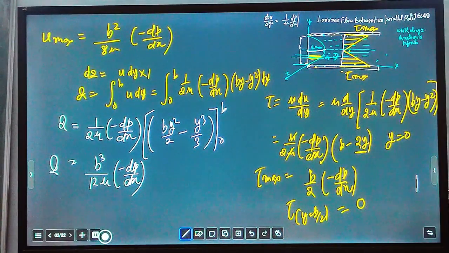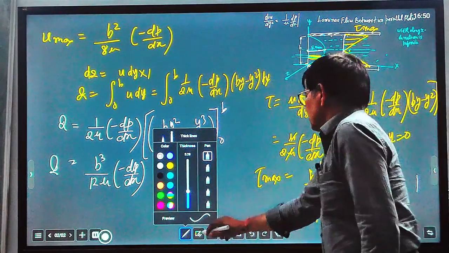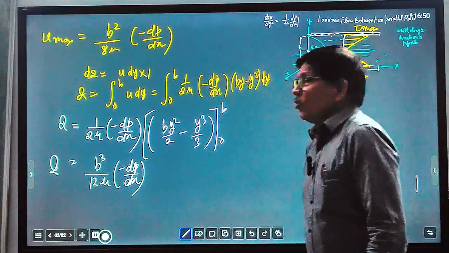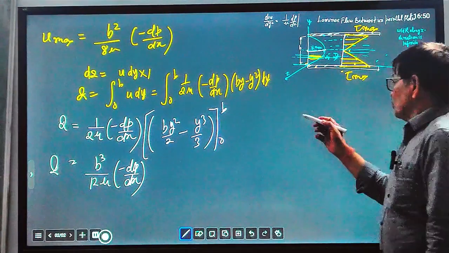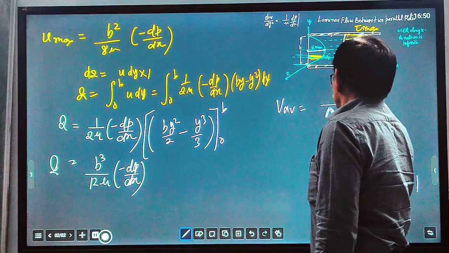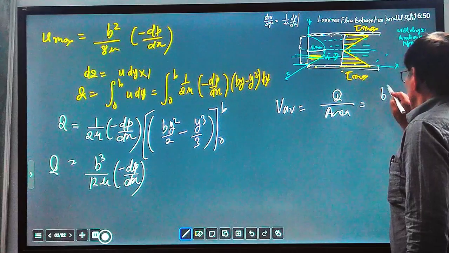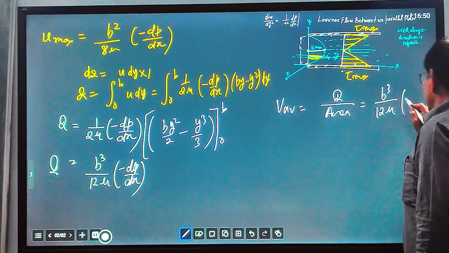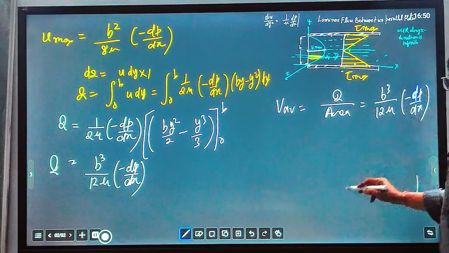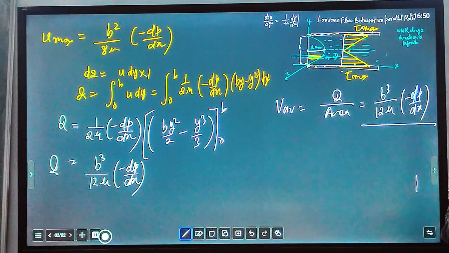Here we have to find the average velocity. Please keep this in mind carefully, how we are taking different parameters. How do we calculate average velocity? V average equals discharge upon area. The discharge is b cube upon 12 mu times minus dp by dx. And what will be the area?